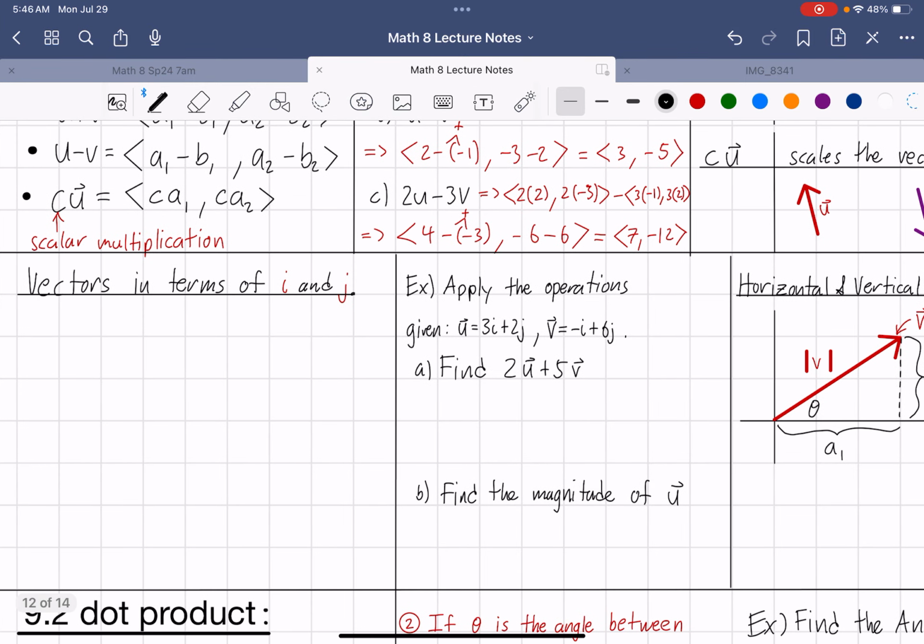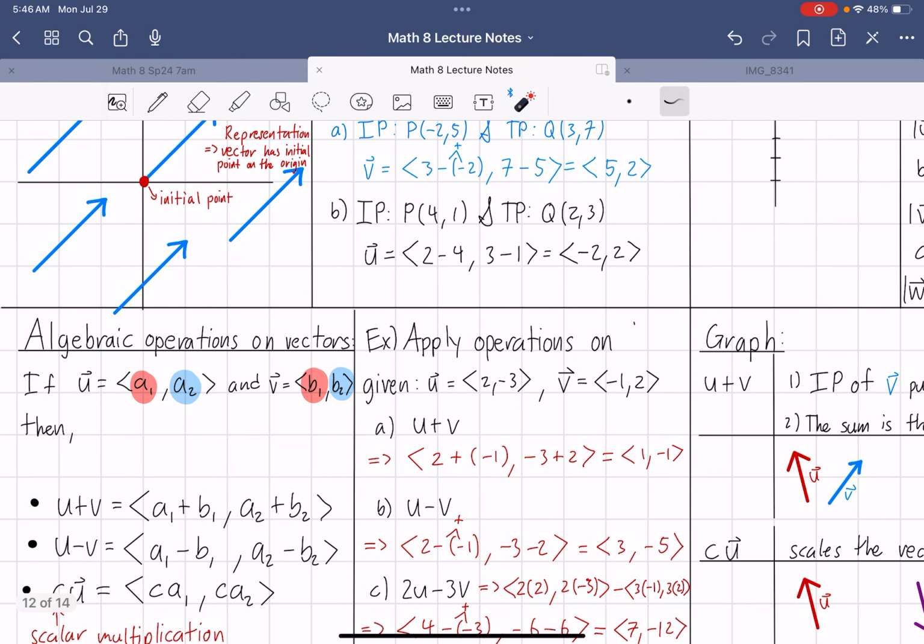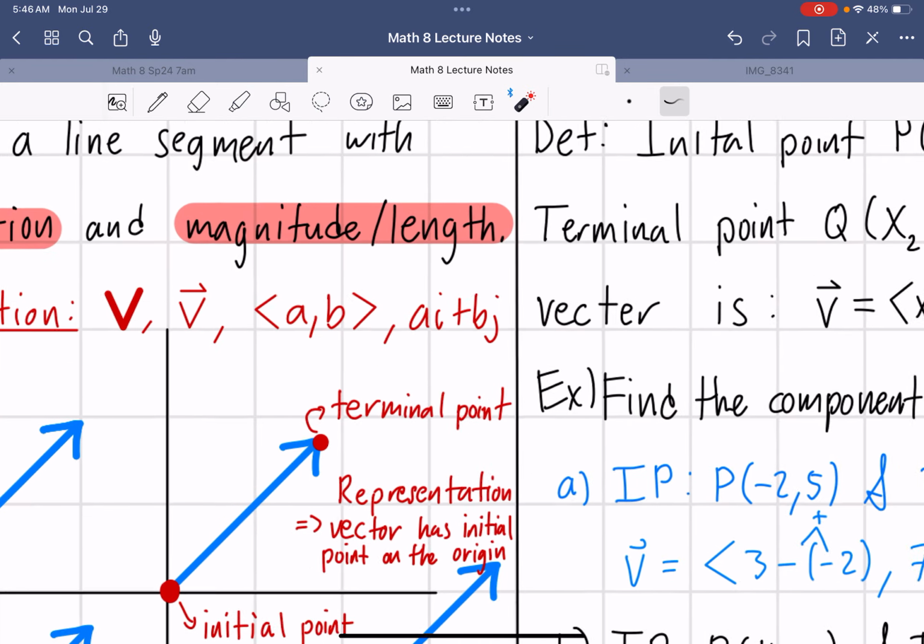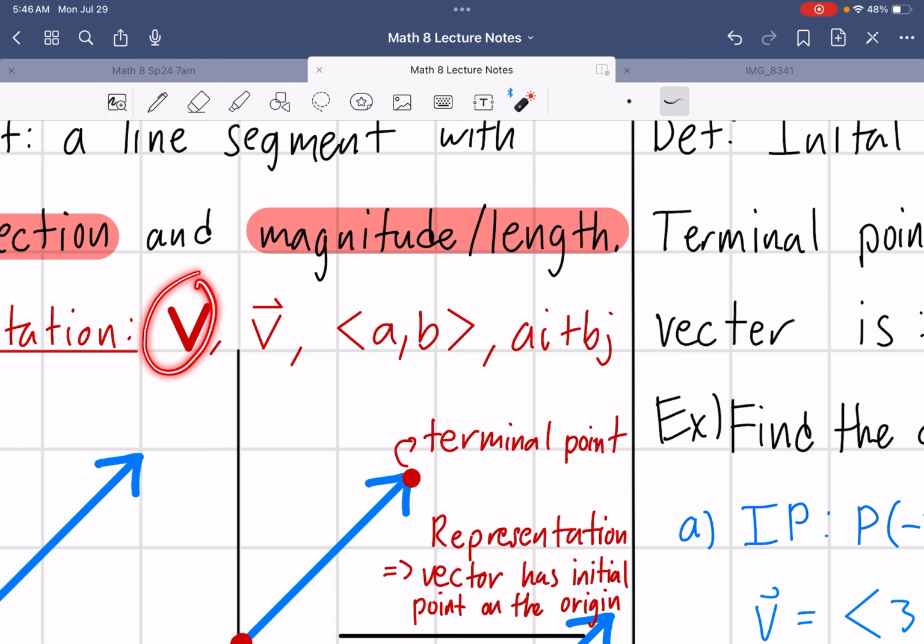Okay, let's look at this next part of this section, which is, if you remember at the beginning, I said there was multiple ways to denote a vector, right? Different notations.